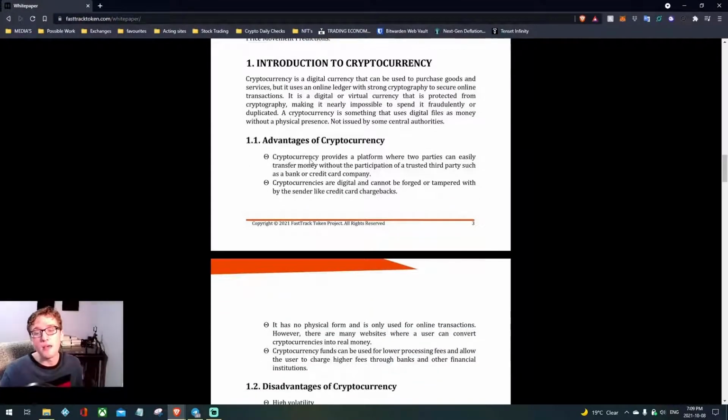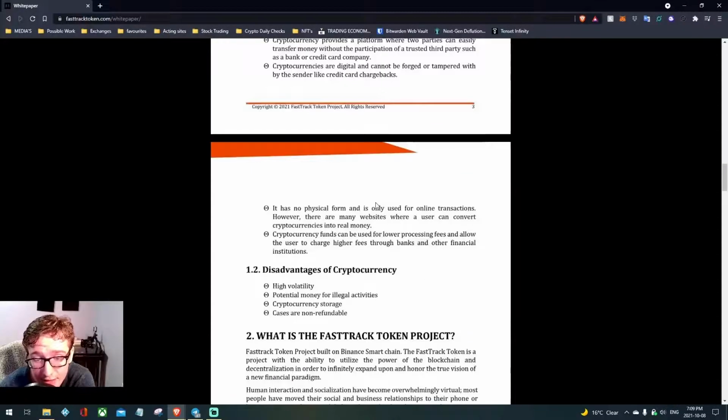1.1. Advantages of cryptocurrency. Cryptocurrency provides a platform where two parties can easily transfer money without the participation of a trusted third party such as a bank or credit card company. Cryptocurrencies are digital and cannot be forged or tampered with by the sender, like credit card chargebacks.